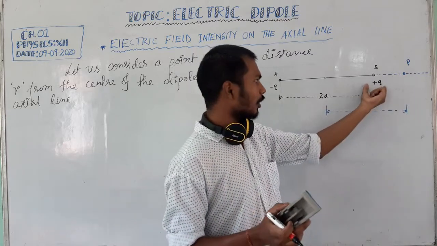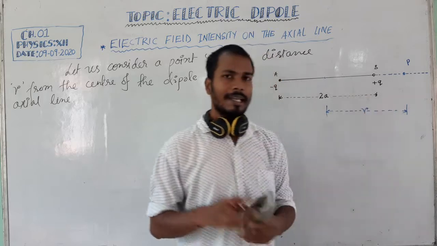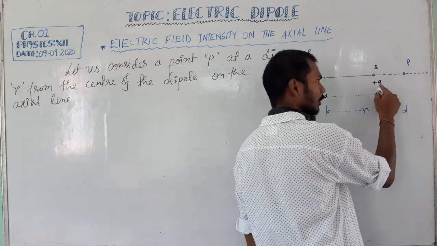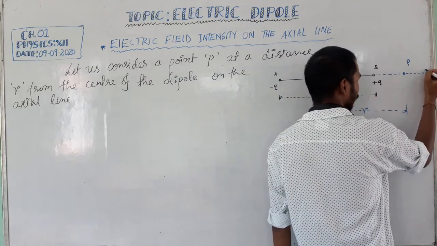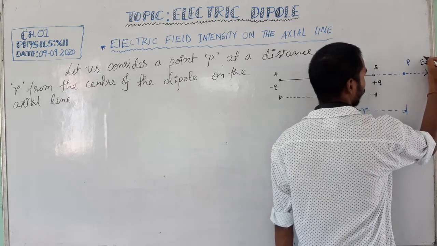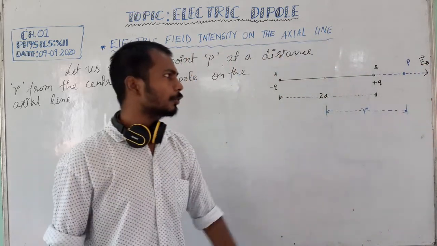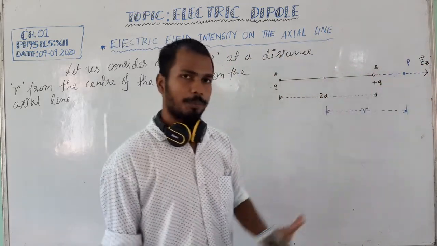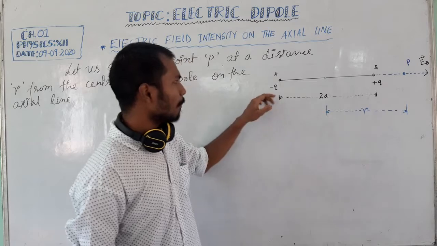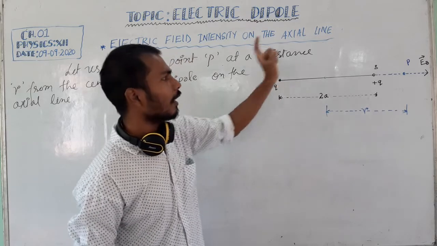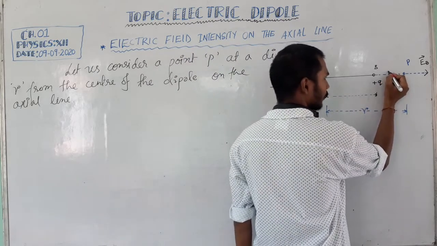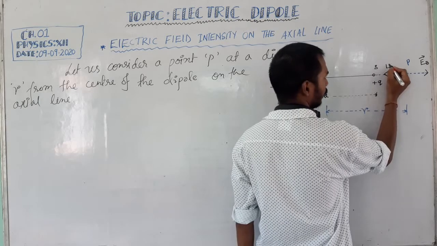Now, this is a plus charge, so what is the pattern of electric field due to plus charge? It is radially outwards. If you draw the electric field due to this charge, the electric field will be in this direction, and write it as EB vector. This is the electric field due to plus Q charge at point P. Similarly, indicate the electric field due to minus Q charge at point A on P. Since this is minus, the electric field is radially inward, EA.